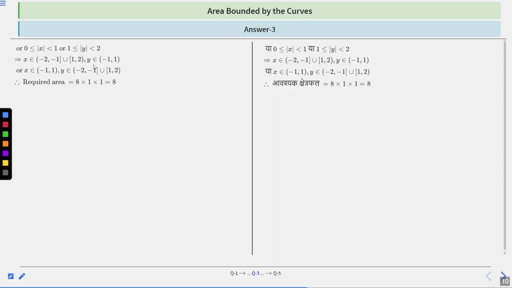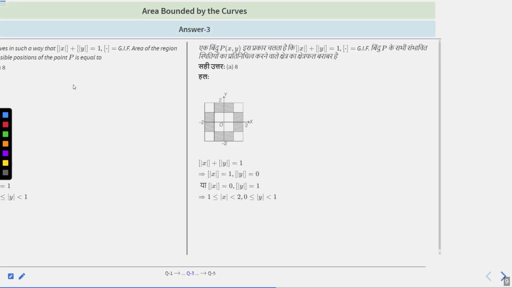Therefore, in the first case x belongs to minus 2 to minus 1 union 1 to 2, and y belongs to minus 1 to 1. In the second case, x belongs to minus 1 to 1 and y belongs to minus 2 to minus 1 union 1 to 2, right?